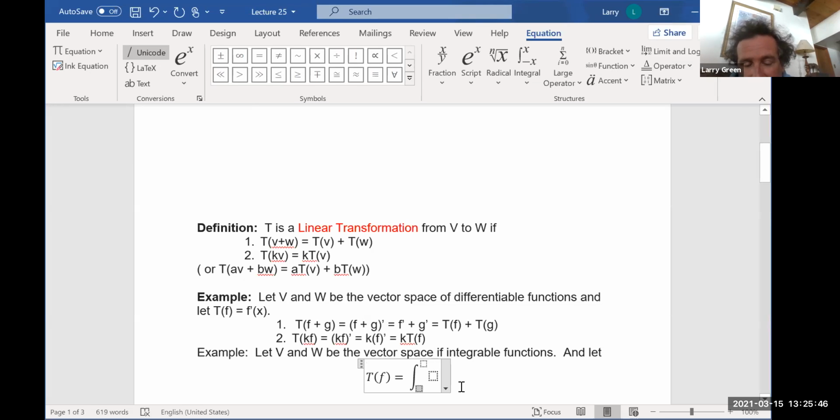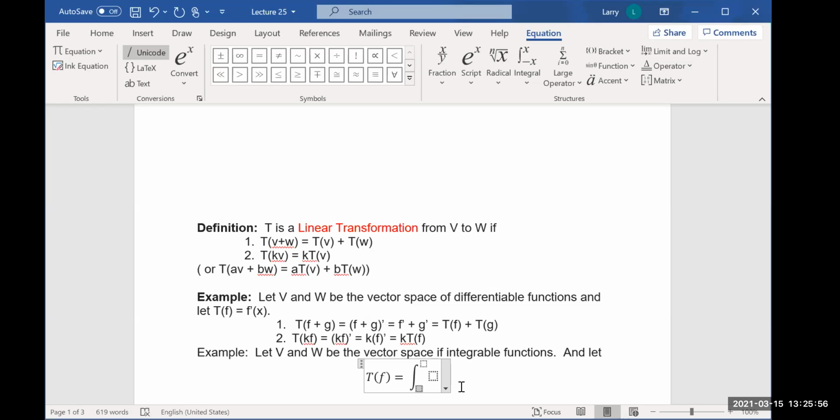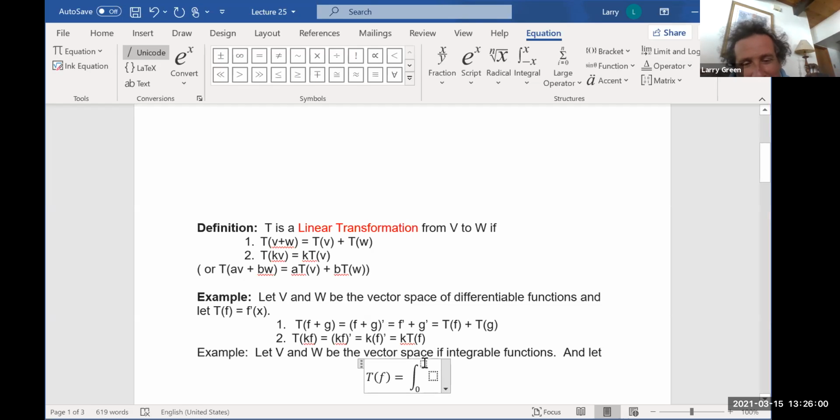The integral from, and I'll let you pick a number. Give me a number. Any number, I don't care. 0. 0 it is. Any number you gave me, I can do this. To x of f of t dt.